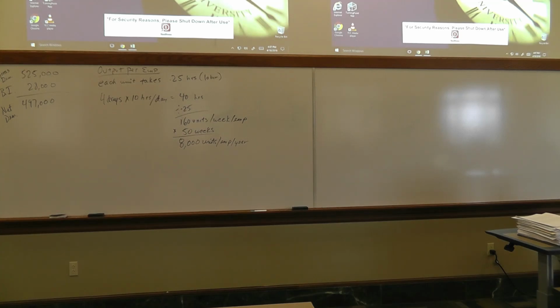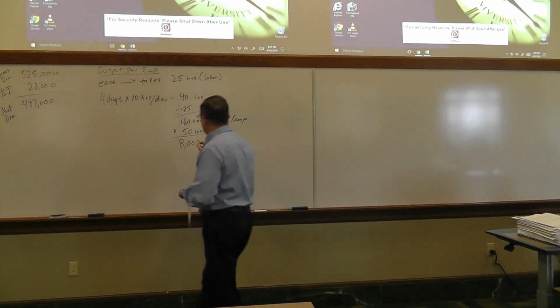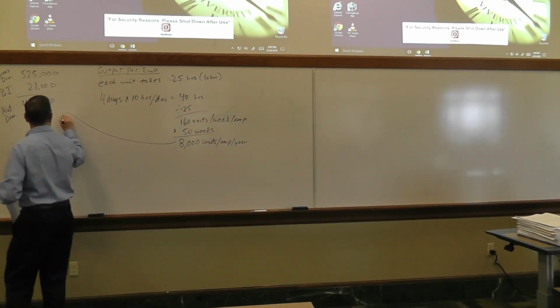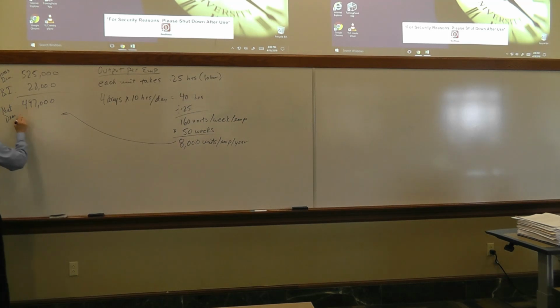I need to produce 497,000 units. How many employees? That's what I'm looking for. So we bring this up here and divide it into the total that we need, and that'll tell us how many workers we need.